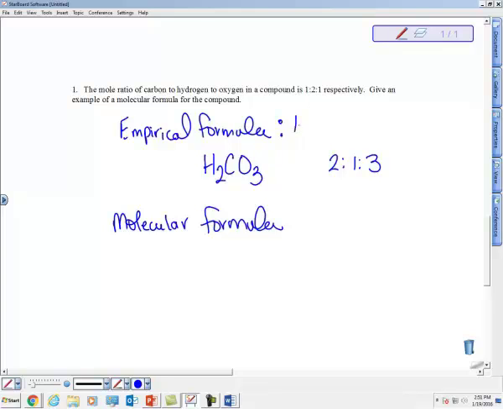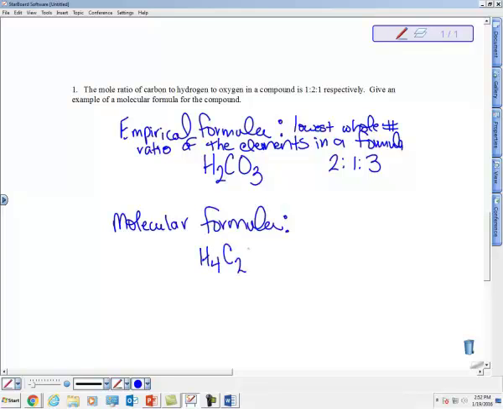So an empirical formula, you could say, is the lowest whole number ratio of the elements in a formula. Now in comparison, a molecular formula can be a multiple of the empirical formula. What if it was H4C2O6? That would be a 4 to 2 to 6 ratio. Do you see how this is a multiple of that ratio?